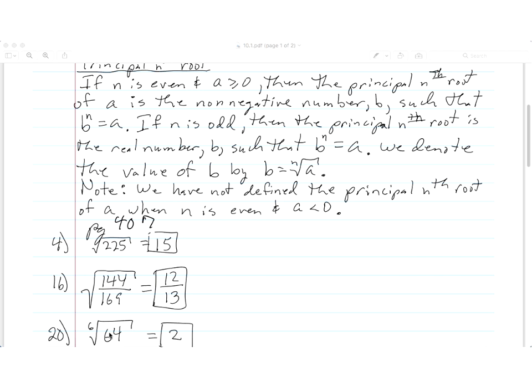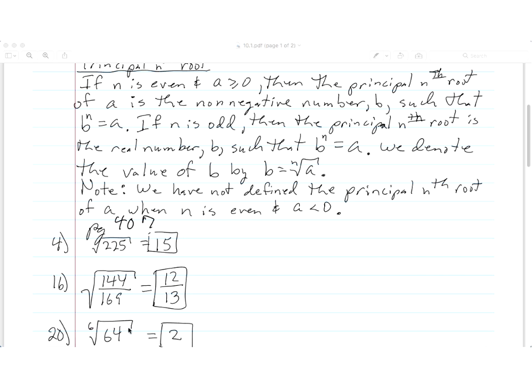So I want to find a number such that when I raise it to the power 6, I get the number 64. And since 6 is an even number, then I want the non-negative number whose value when raised to the 6th power is 64.